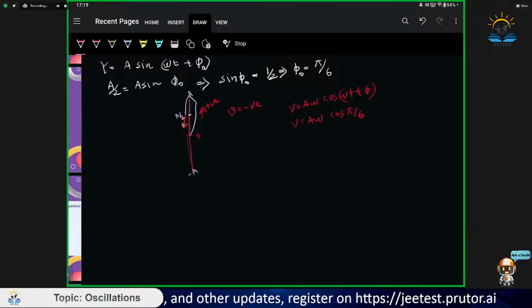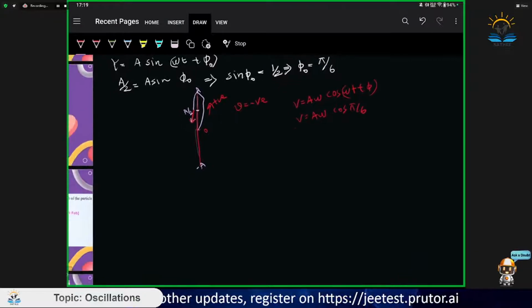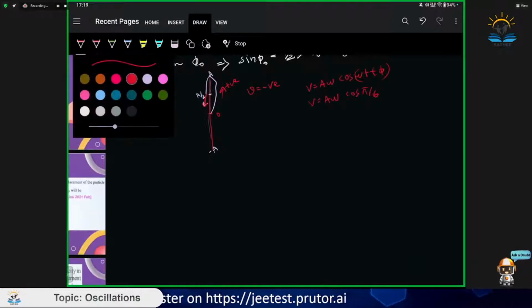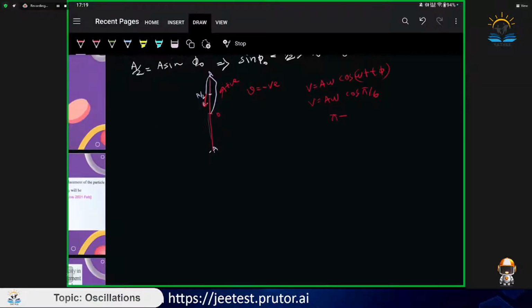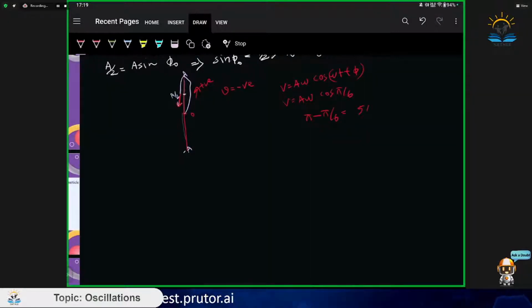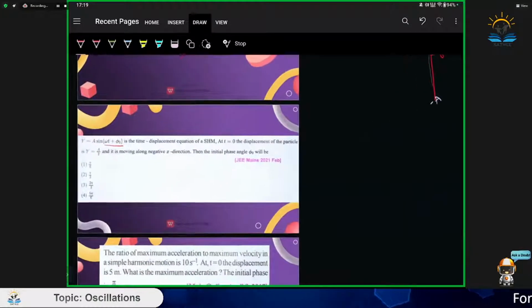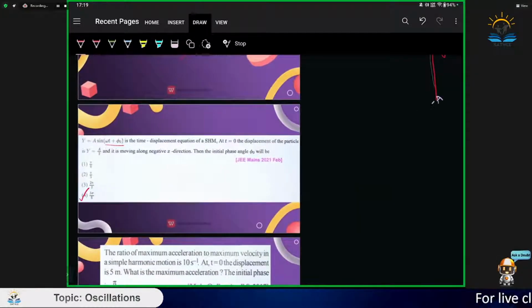Which quadrant? Just do pi minus pi by 6. It will be the second quadrant, right? Pi minus pi by 6. So our answer will be 5 pi by 6. This is our answer.